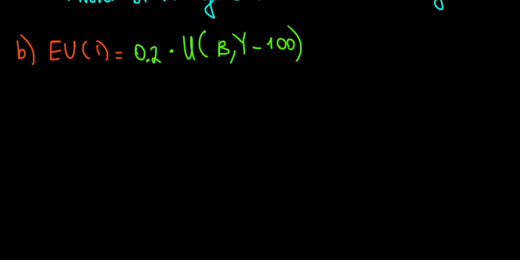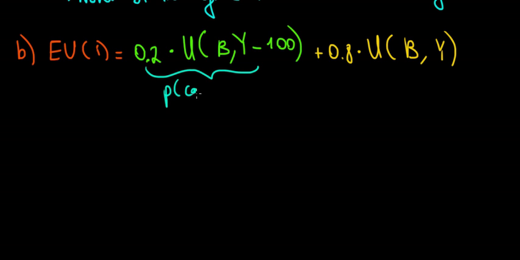And with the remaining 80% probability, we would have the utility that depends on the benefit of littering and the income that we keep, because we would not pay the fine. This is the probability of not being caught. Let's just write the highlight underneath to know what we're following. This is the probability of being caught, and this is the probability of not being caught. So not caught. Hope this makes sense.